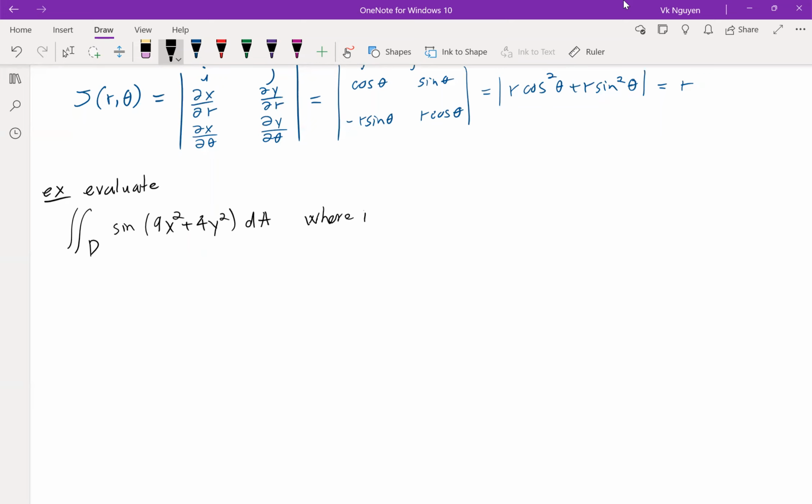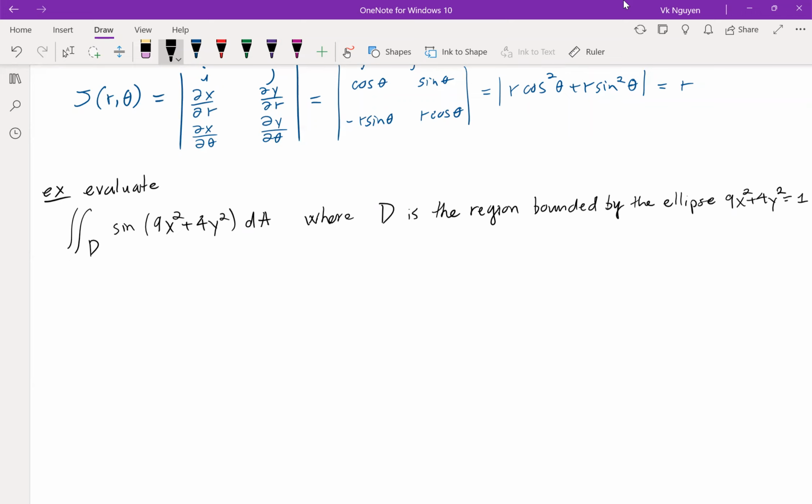Where D is the region bounded by the ellipse 9x squared plus 4y squared equal 1. Okay, so you got to figure out the substitution.